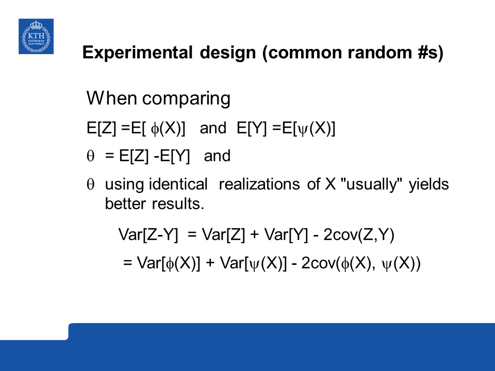If x is identically the same in both, we have a fair chance of getting a positive covariance, and that will decrease the variance in total. There's no guarantee that this will work for all systems, but it's usually a way to get a little bit lower variance in these comparisons.